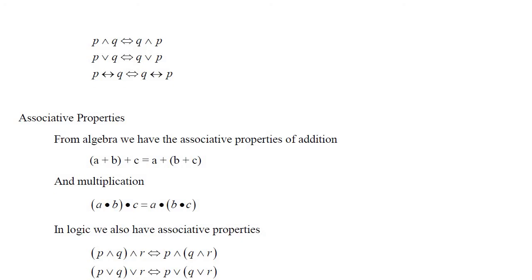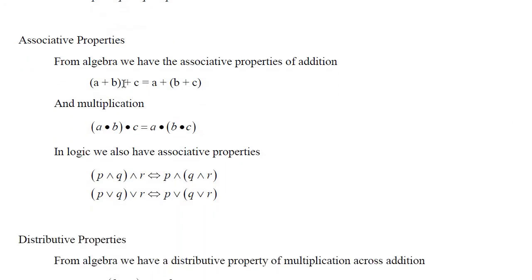Also from algebra, we have associative properties. We have the associative property for addition: in parentheses a plus b, plus c, is equal to a plus, in parentheses, b plus c. We also have it for multiplication: a times b in parentheses, times c, is equal to a times, in parentheses, b times c.